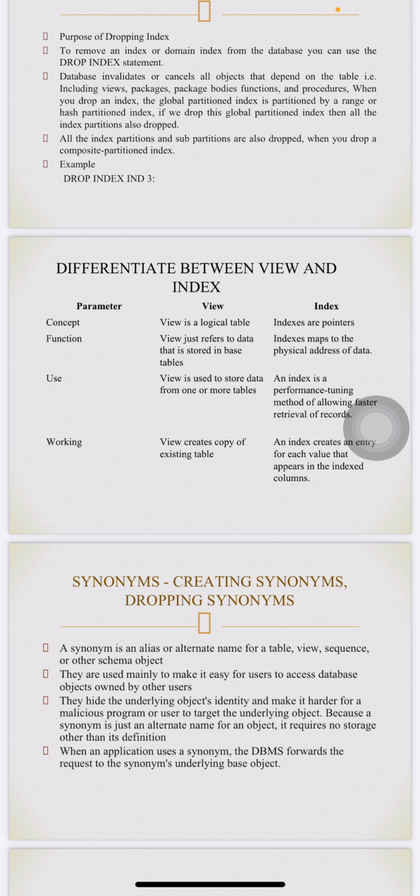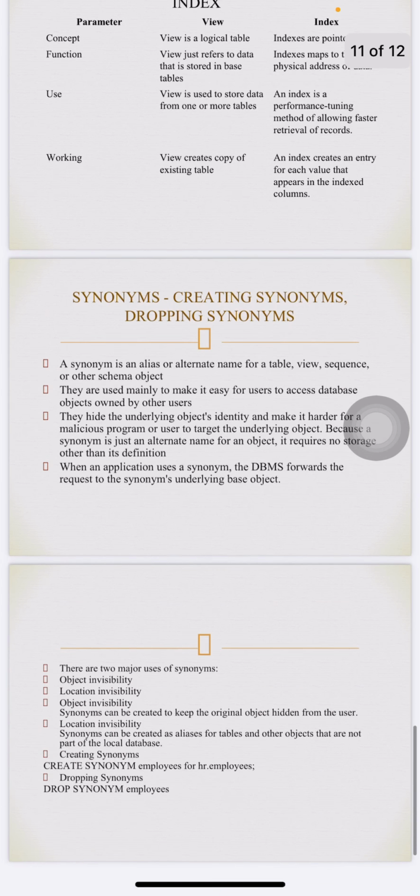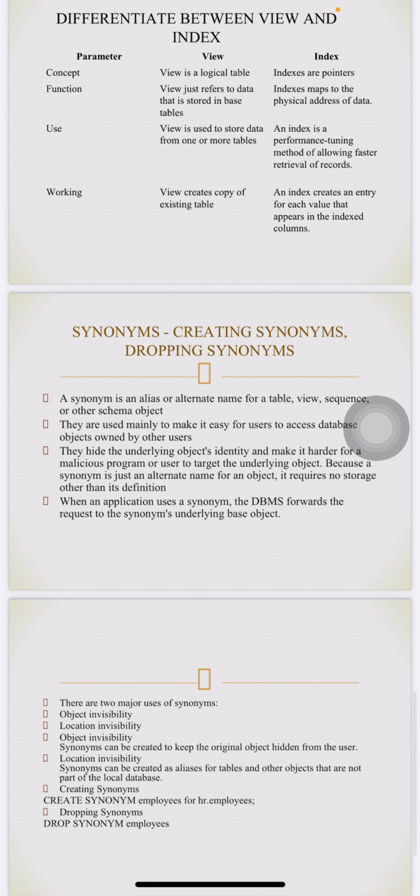When an application uses a synonym, the DBMS forwards the request to the synonym's underlying object. There are two types of synonyms: object invisibility and location invisibility. Object invisibility synonyms can be created to keep the original object hidden from the users.